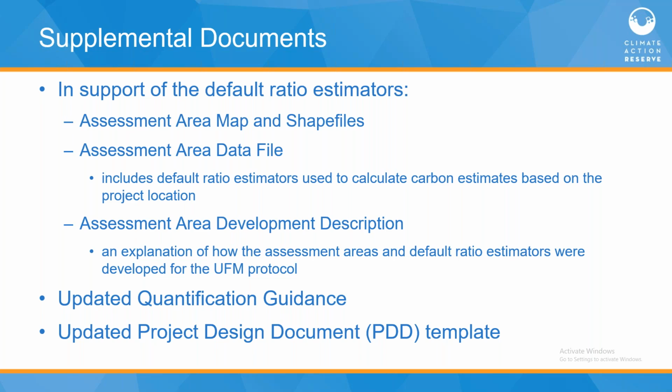We've updated our quantification guidance, which is a standalone document separate from the protocol itself. And we've published a project design document template, otherwise known as a PDD. So this can help guide project developers in terms of understanding what information needs to be submitted for project verification.